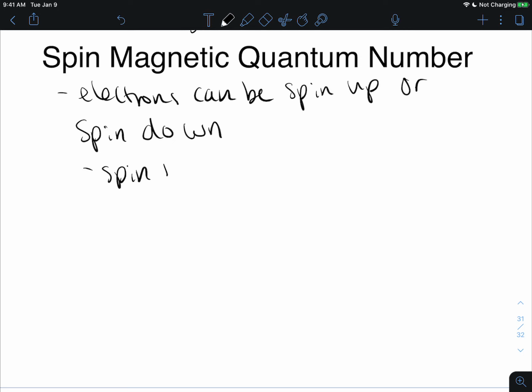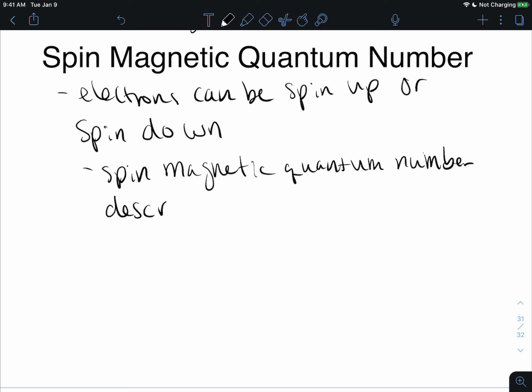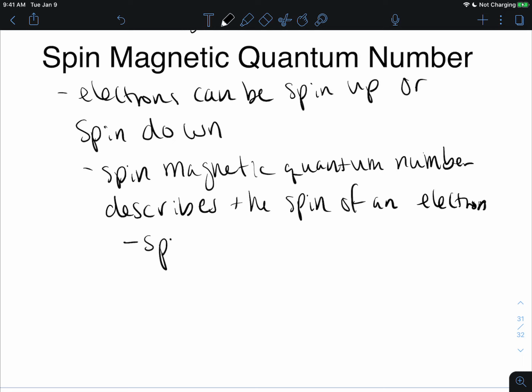So the spin magnetic quantum number describes the spin of an electron, where spin up is a positive 1/2 and spin down is a negative 1/2.